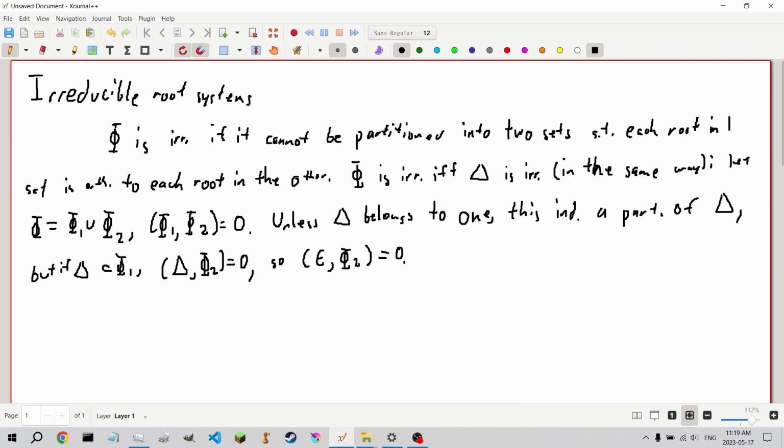So conversely, let phi be irreducible, but let our base be reducing into delta 1 and delta 2 in the same manner.